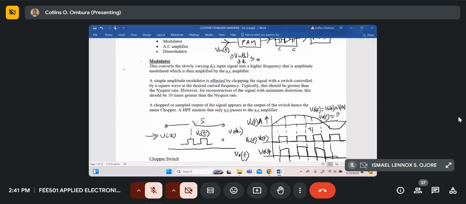So for example, if the first signal, our low frequency signal, let's assume, just for matters of simplicity, it was a 1 kilohertz signal, and then let's assume our control signal was a 10 kilohertz signal.